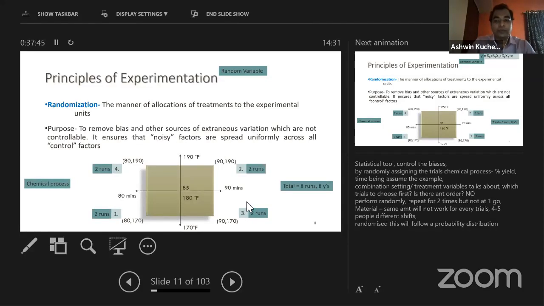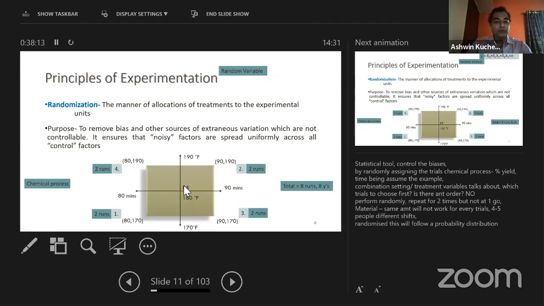Sometimes the experimentation goes into a production unit, where the runs are repeated a large number of times and different operators come in, and based on their education level there is a change in the operations. So we have to distribute all these uncontrollable factors uniformly, and that is why randomization is important.